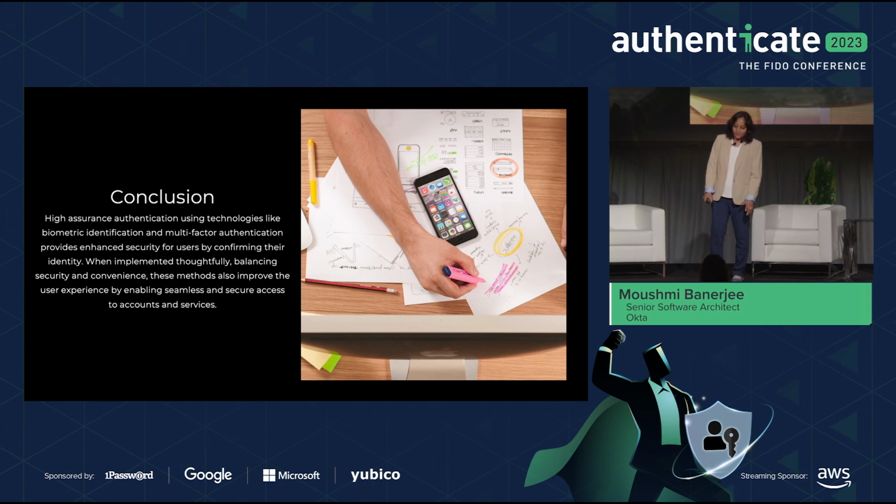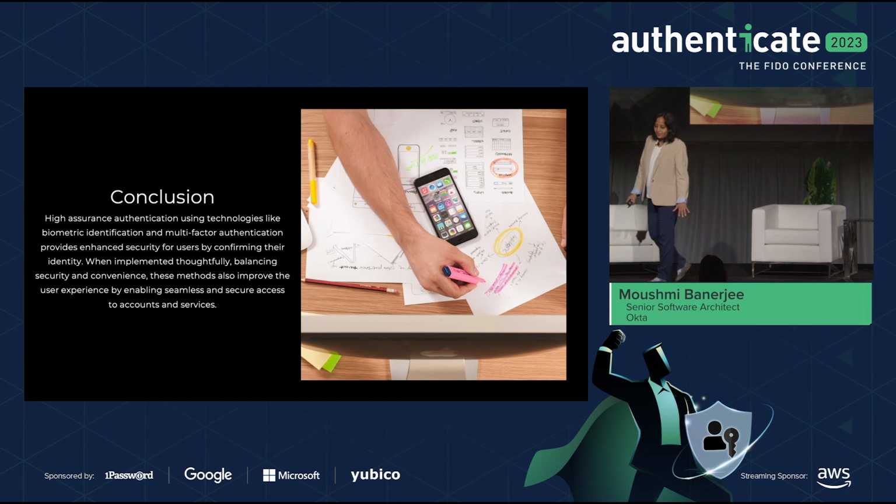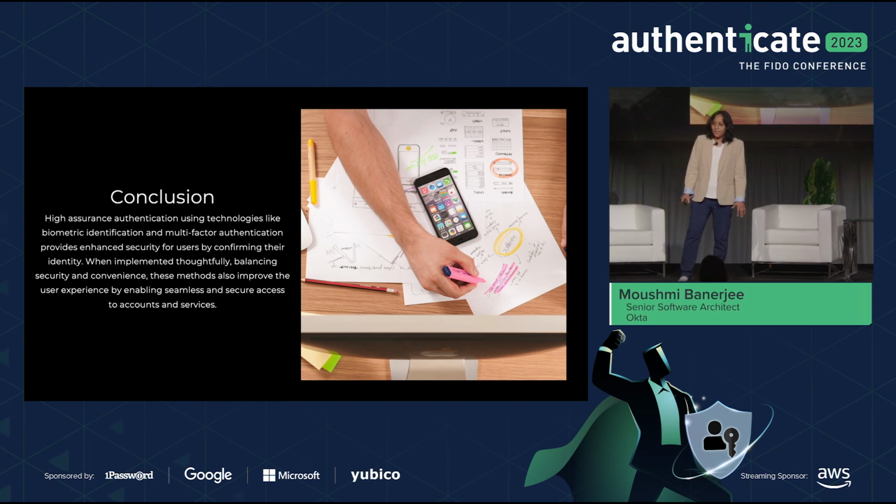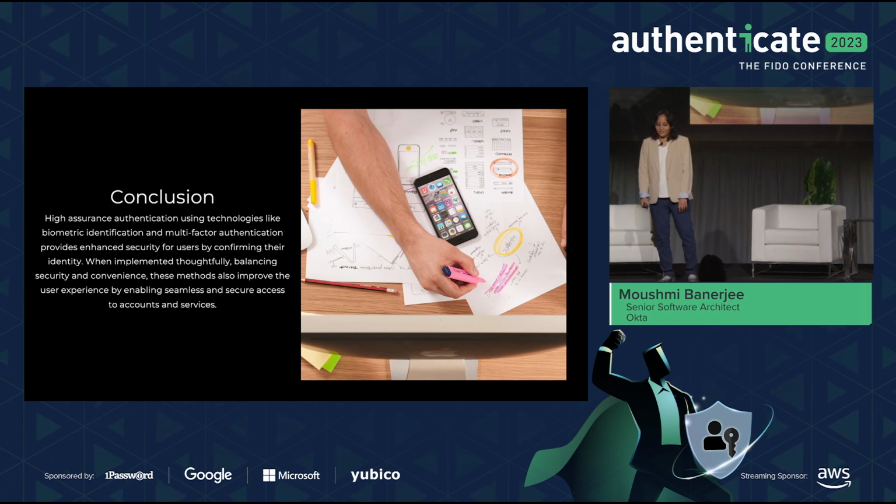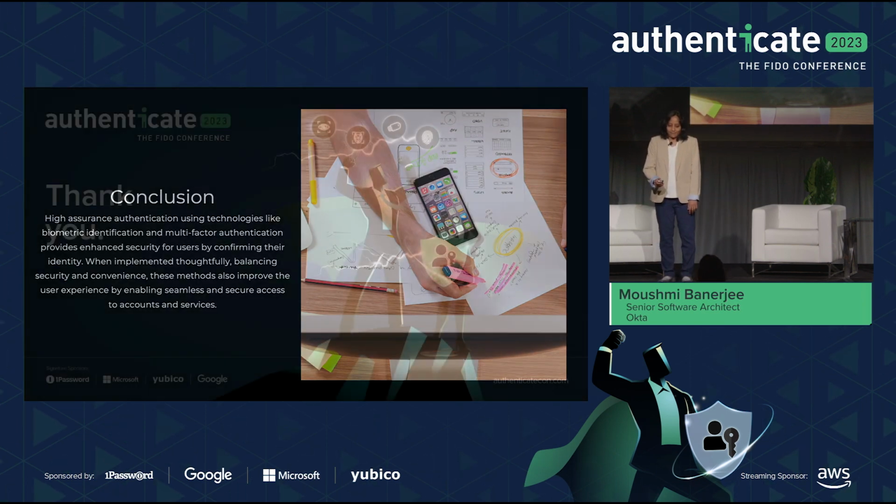In conclusion, while high-assurance authentication methods offer significant benefits, let me repeat, significant benefits in terms of security and user experience, integrating these methods into your existing systems and processes can be challenging. It's a human and a technical problem. So you must carefully plan and coordinate your implementation so that you can improve your overall security posture. Thank you.